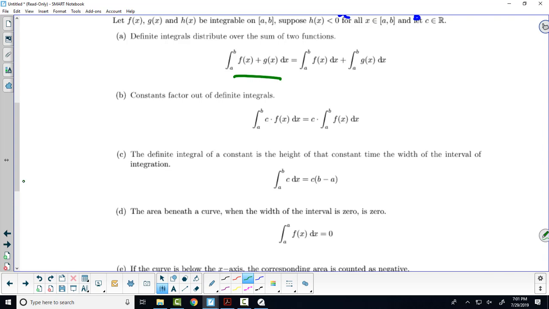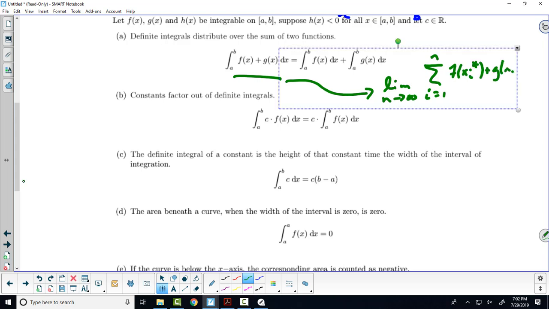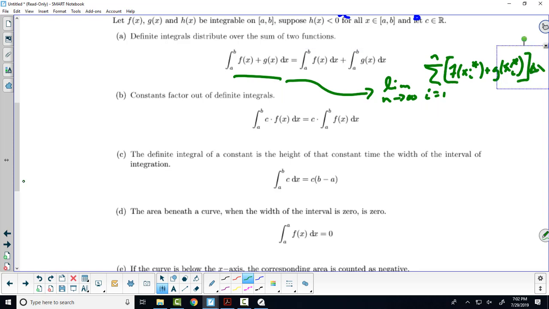And let me just show you. So in the Riemann sum of this expression, we would have the limit as n goes to infinity of the sum from i equals 1 to n of f of xi star plus g of xi star, all times delta x.